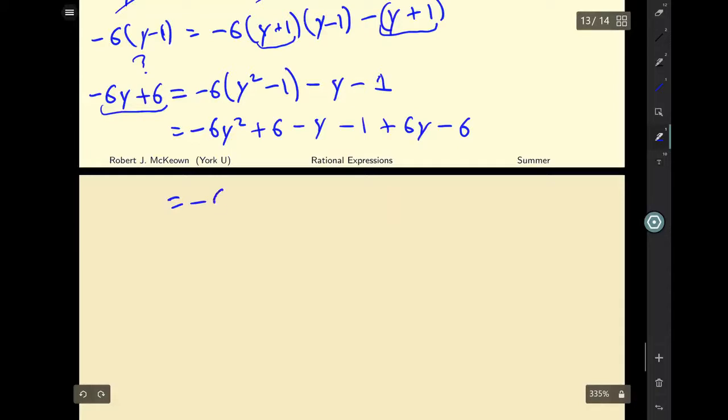So there's only one y squared term, so we have negative 6y squared. The 6 minus 6 is equal to 0. And I'm going to be left with plus 5y minus 1. And this whole thing, of course, is equal to 0.